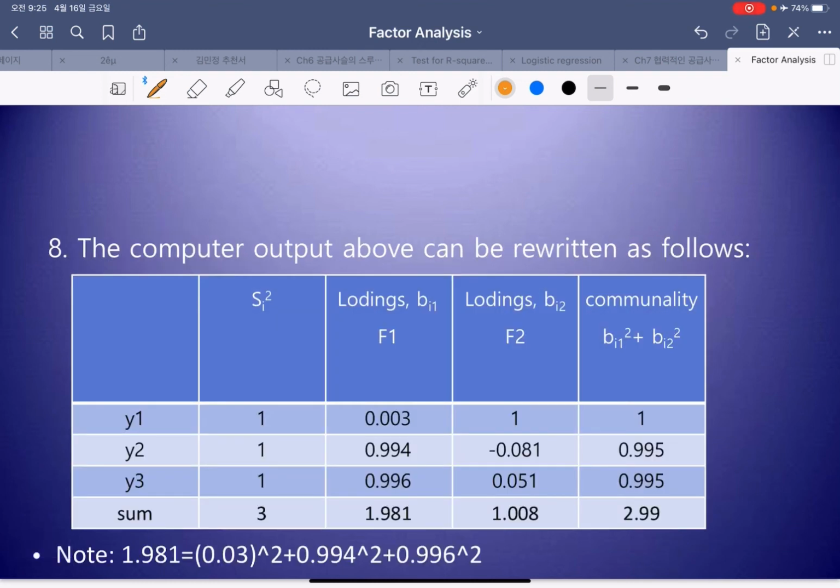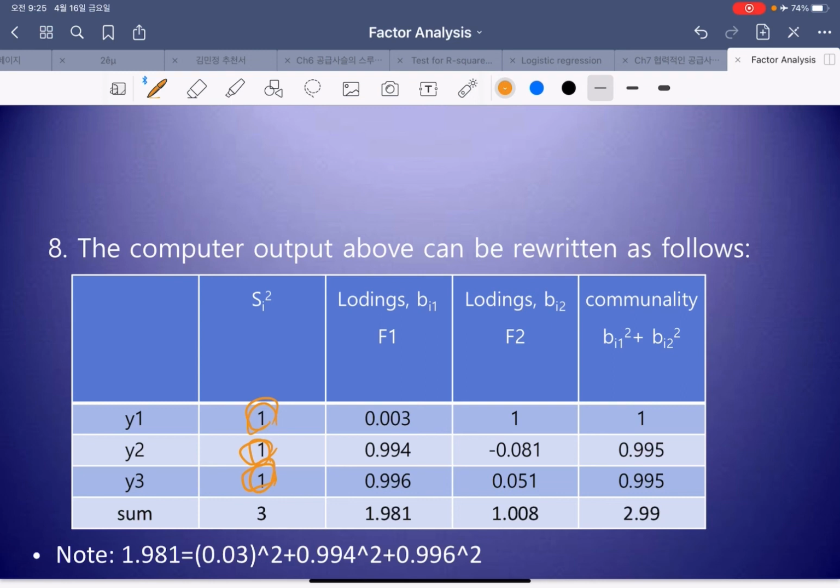Now the computer output can be rewritten as follows. These are the variances for the variables. The reason that these numbers are 1 is that variables are standardized.